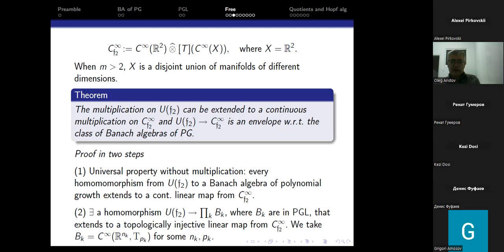And second, we find a homomorphism from U of F2 to some product of algebras B_K, and each B_K is a PGL algebra. And this homomorphism extends to a topologically injective map from C infinity F2. And moreover, we take as B_K the algebras of C infinity functions with values in some triangular matrices. So this is the program.